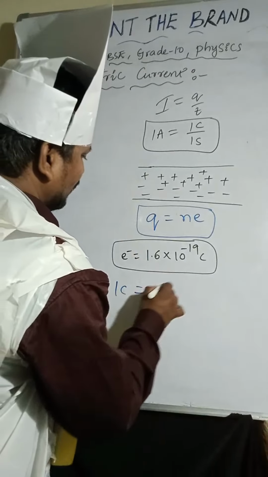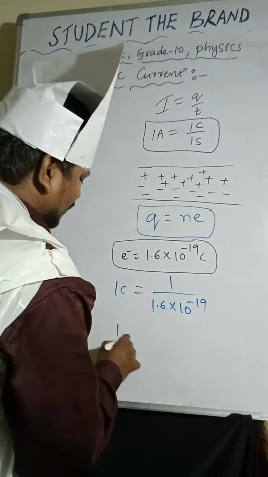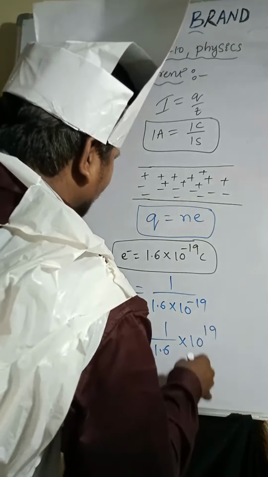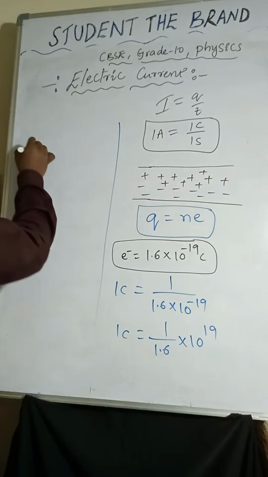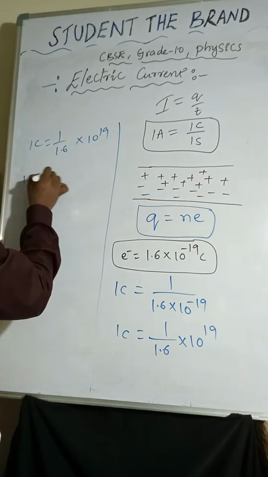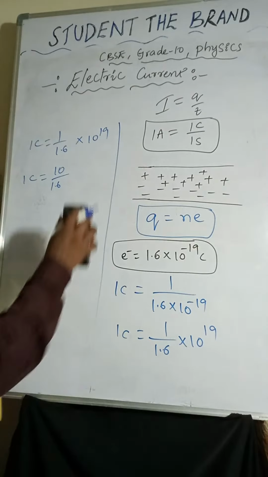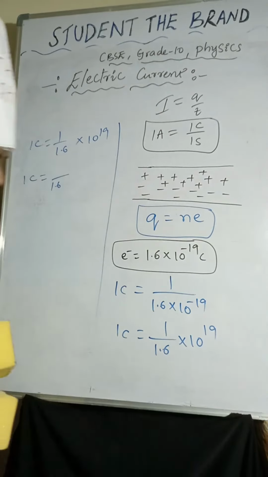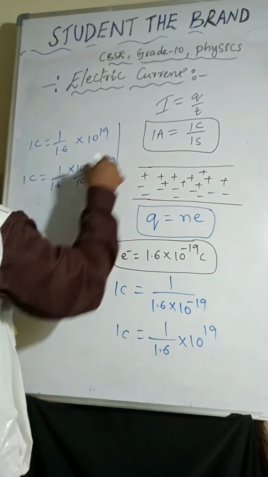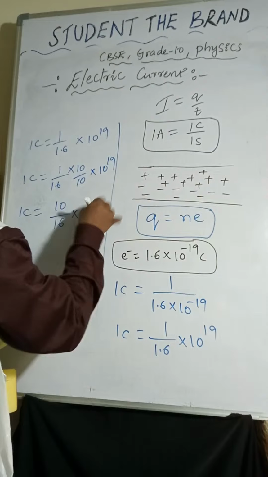So in 1 coulomb, the number of electrons is 1 by 1.6 into 10 power minus 19. Then you will get 10 by 16 into 10 power 19.